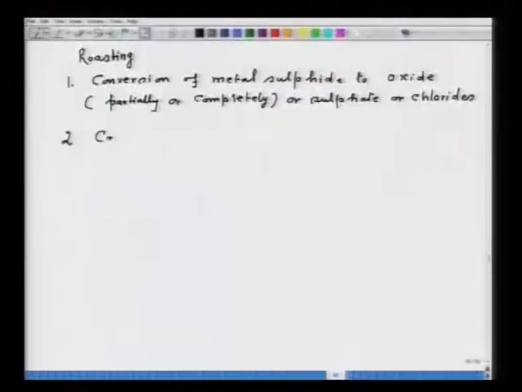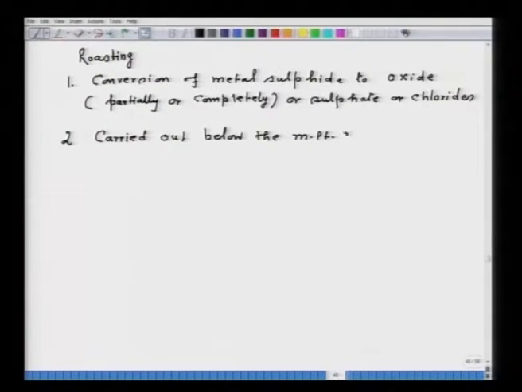Second, and this is important, it is carried out below the melting point of the components of the ore. That means you do not go above the melting point.